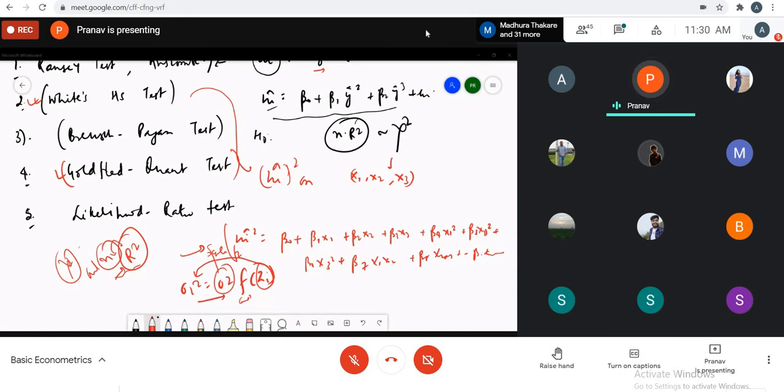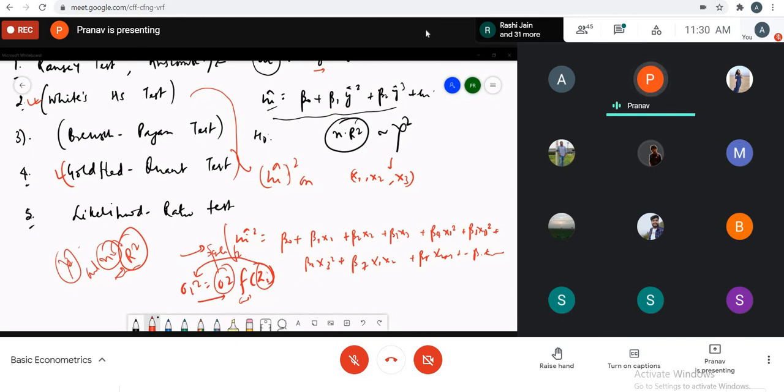And one more form of test which is often suggested is called the Glejser test, which is again running an auxiliary regression of the absolute value of ui hat on either 1 by xi, or 1 upon root xi, or the linear functions of xi in the model. It's a simple linear regression.